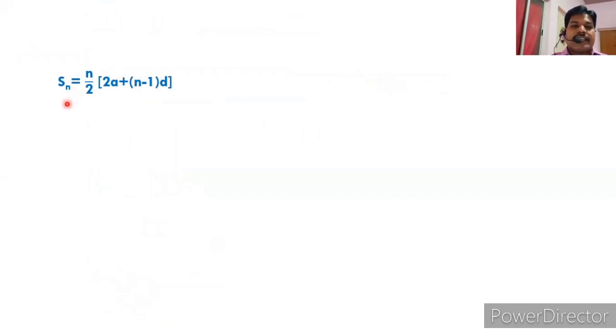What is Sn? Sn is the sum of the first n terms, that is n by 2 into 2a plus n minus 1 into d. The sum of n terms is Sn is equal to n by 2 into 2a plus n minus 1 into d.